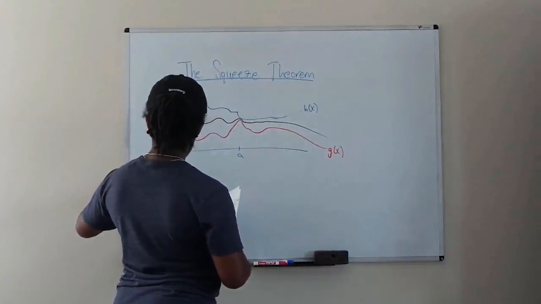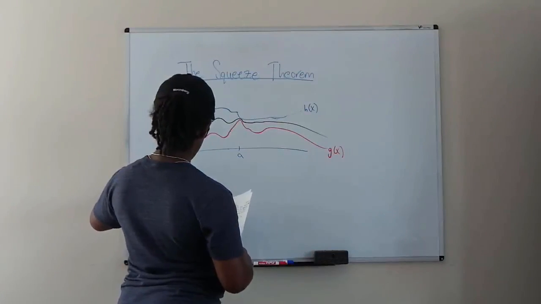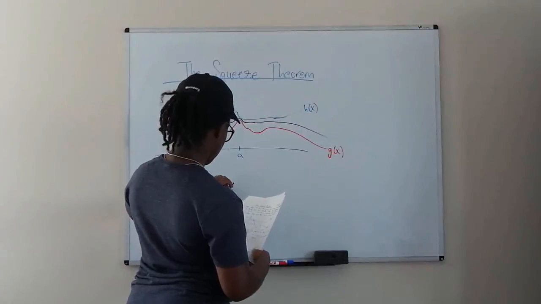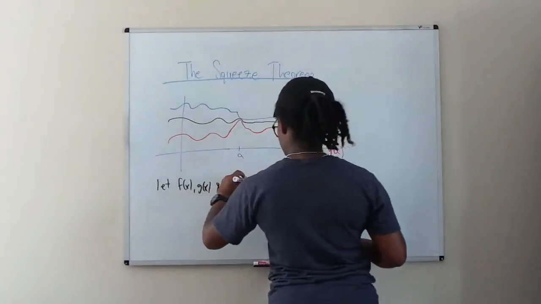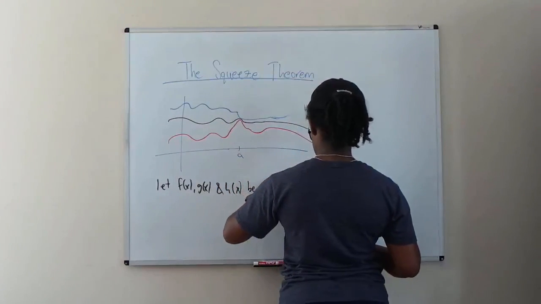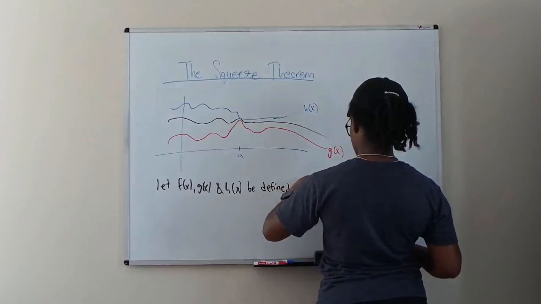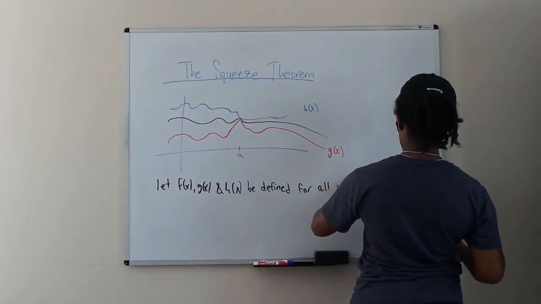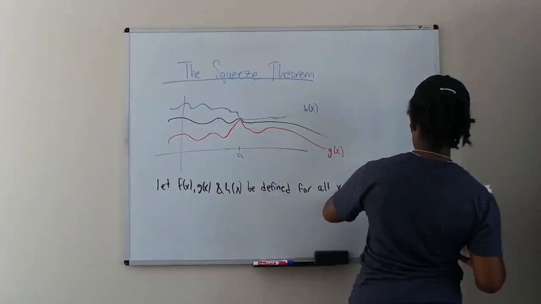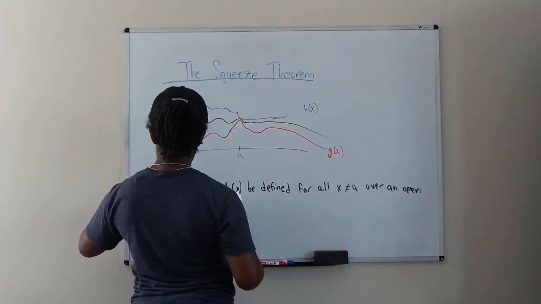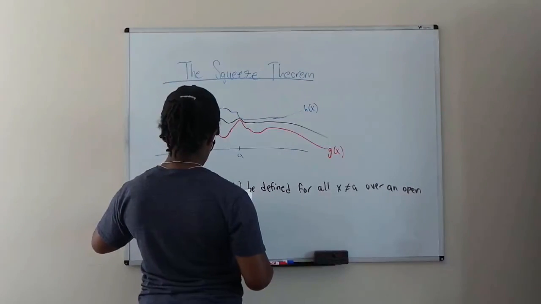So let f of x, g of x, and h of x be defined for all x not equal to a over an open interval containing a.